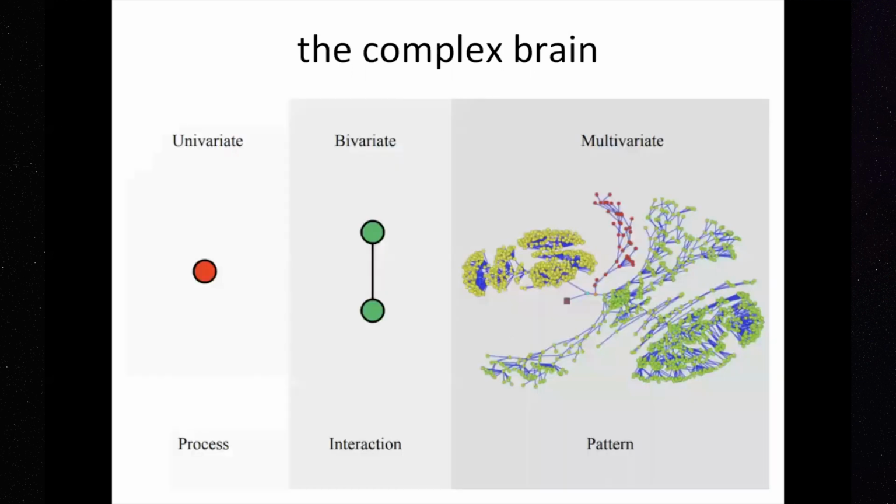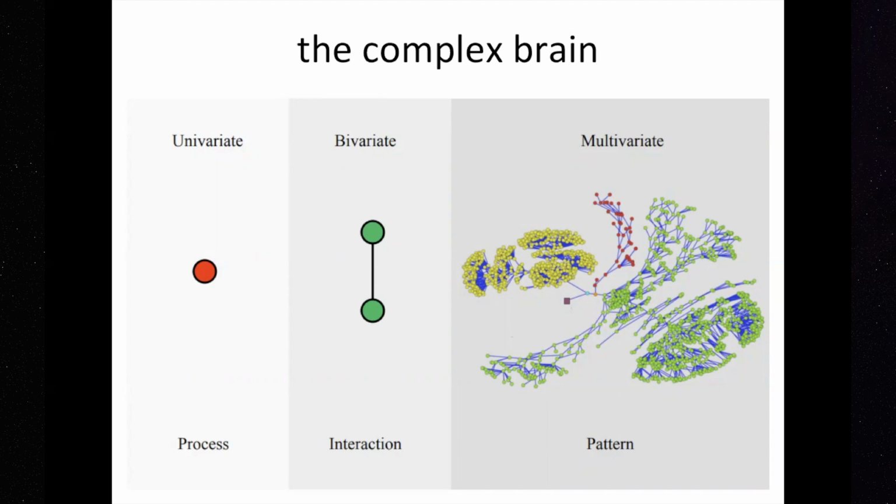To make this a little bit clearer, here you see what we can examine with those different kinds of statistical order. For example, with univariate measures, we can only examine a process, right? On, off, or on a continuous scale, like the level of the activation in a specific region. With the bivariate measures, we can examine interaction between two pairs, for example, two brain regions.